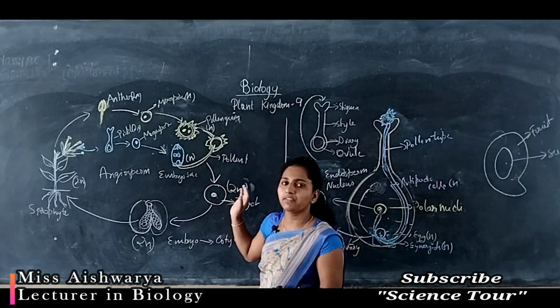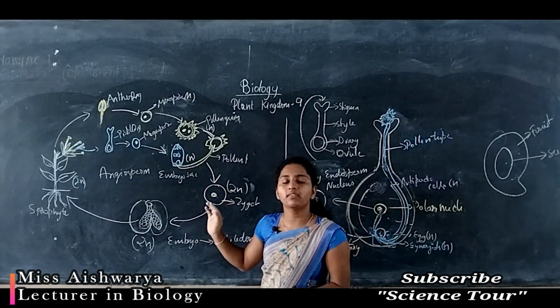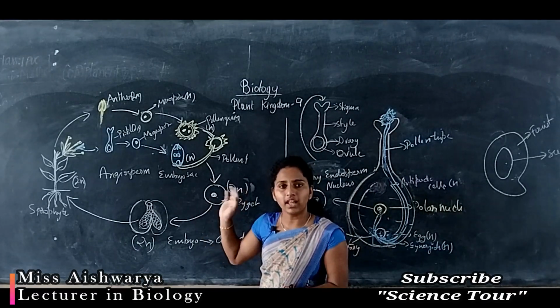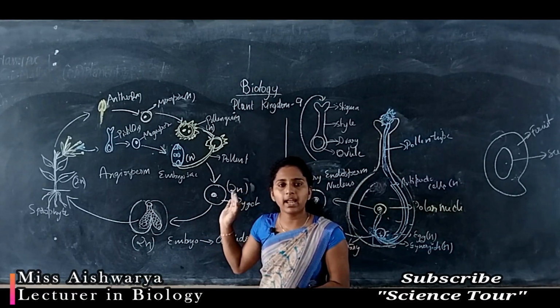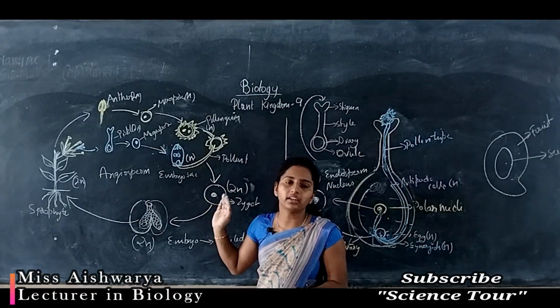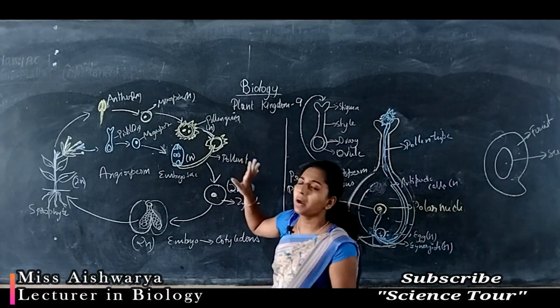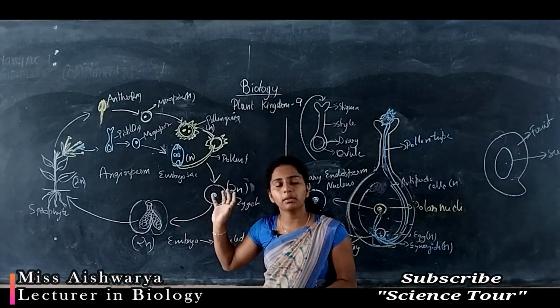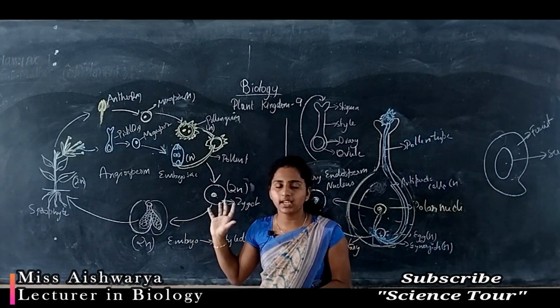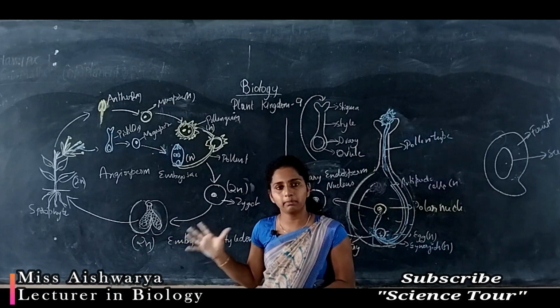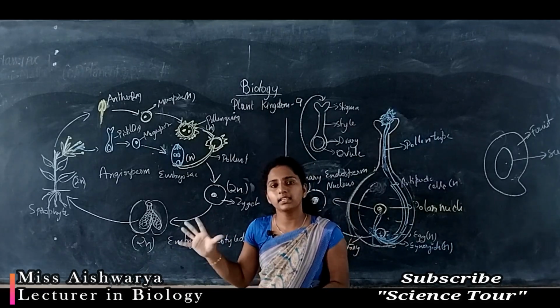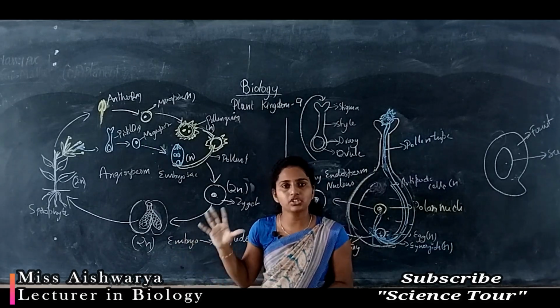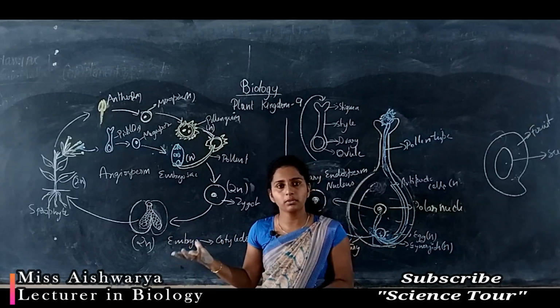Remember, the rest of the plant kingdom will not flower. Only angiosperms flower, and the flower contains the specialized reproductive structure meant for reproduction.